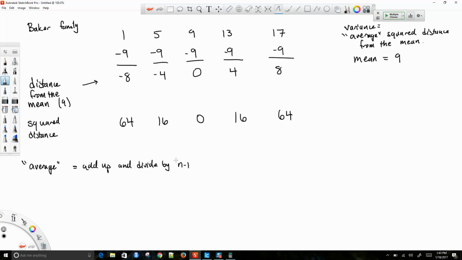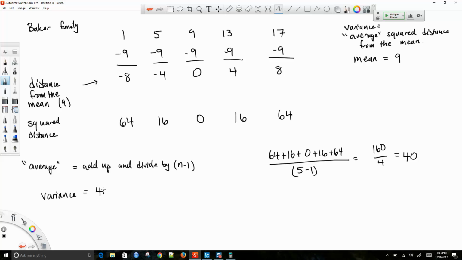So we would do 64 plus 16 plus 0 plus 16 plus 64, and we have a total of 5 numbers, so we do 5 minus 1. This gives me 160 divided by 4, and we get 40. So my variance is equal to 40.